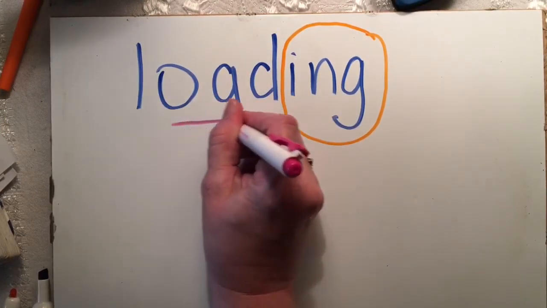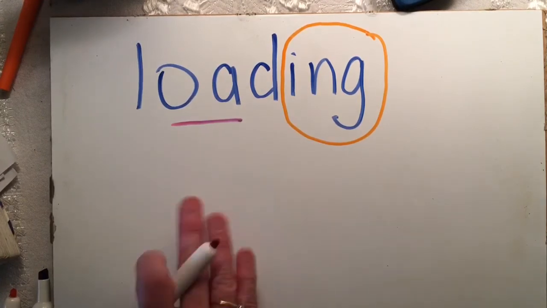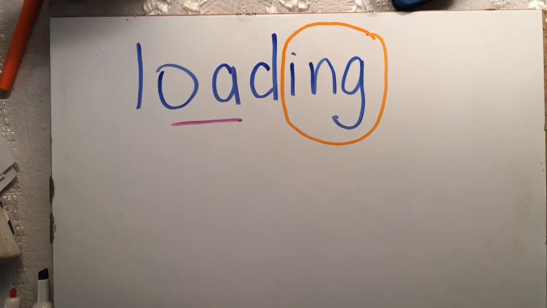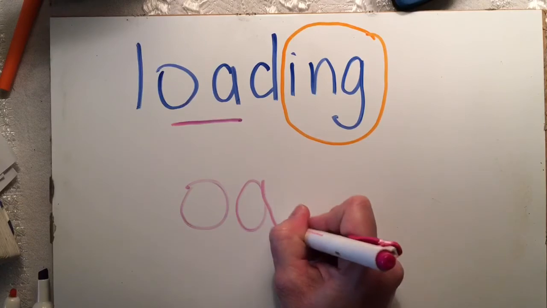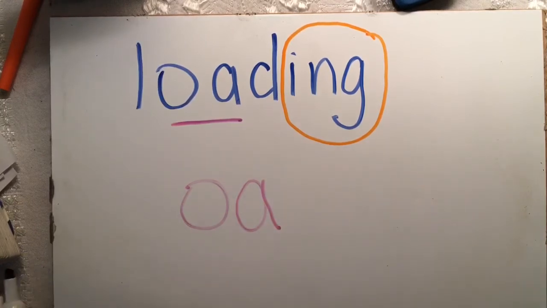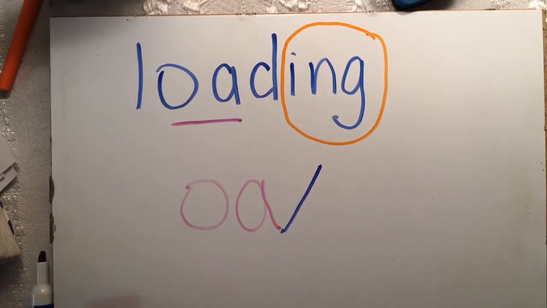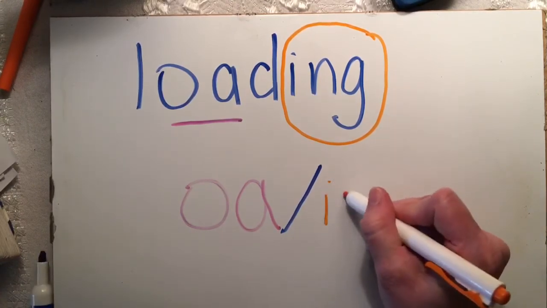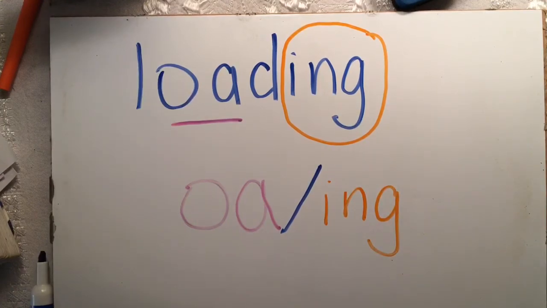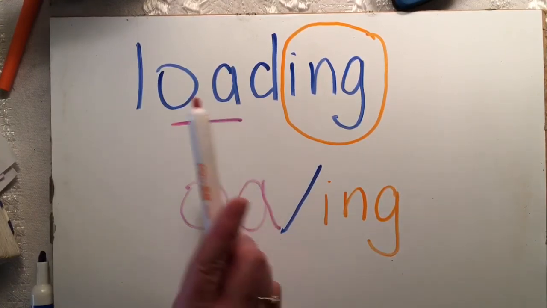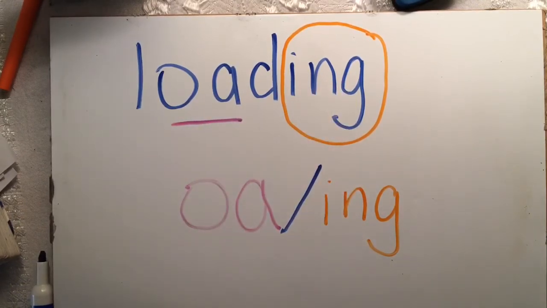And I'm going to underline that. Then write the pattern underneath the word. So OA is going to come first, then a slash to separate them, and then my ending ing. And that is how I pattern mark a word that has a vowel pattern and a frosting.